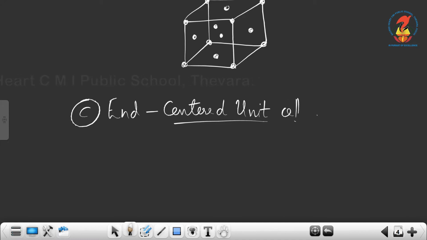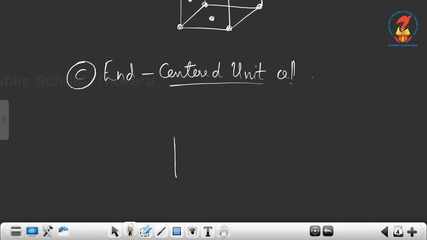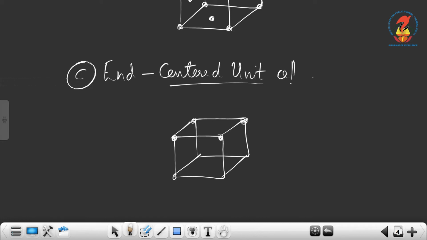So if you are to draw the end-centered unit cell, we can draw like this. Constituent particles at the corners, 8 corners, and any 2 opposite faces. So I am going to show one here, opposite face 1 here. So this is an end-centered unit cell.